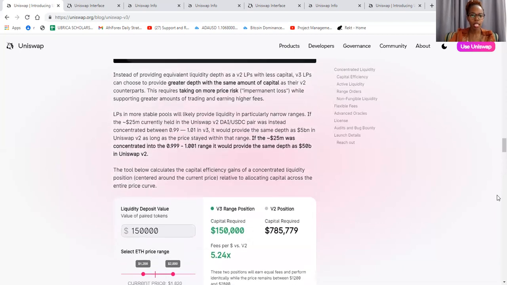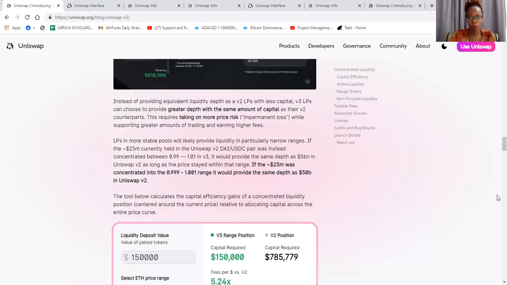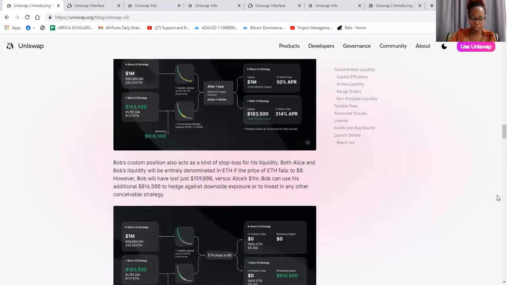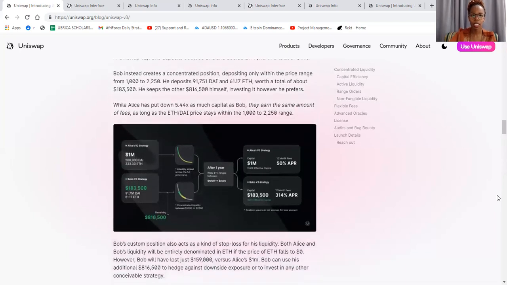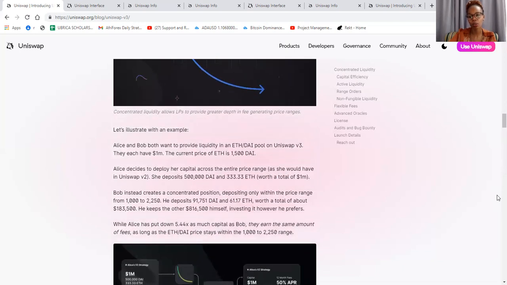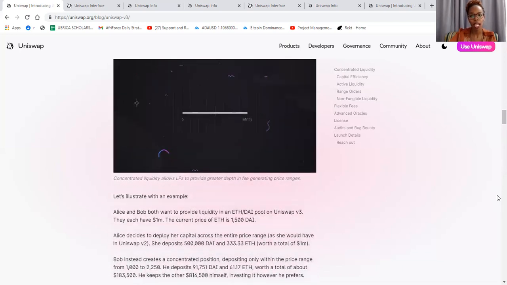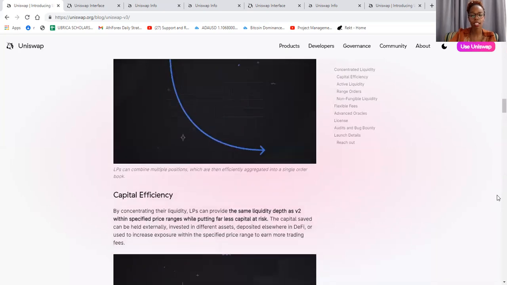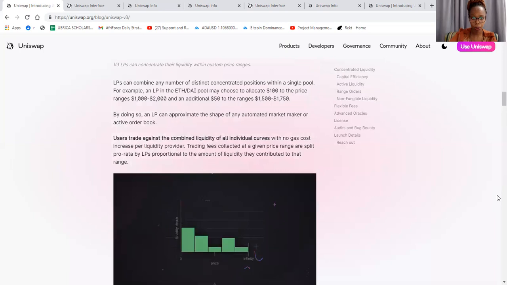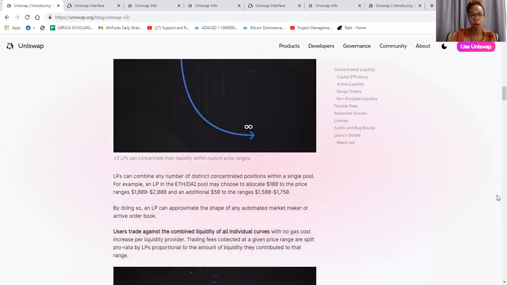So this is good for us, because now we are getting more fees. And the whole idea of us providing liquidity in the first place was for us to earn that passive income. And now with V3, this is very good for us because it means that we will be getting more fees.